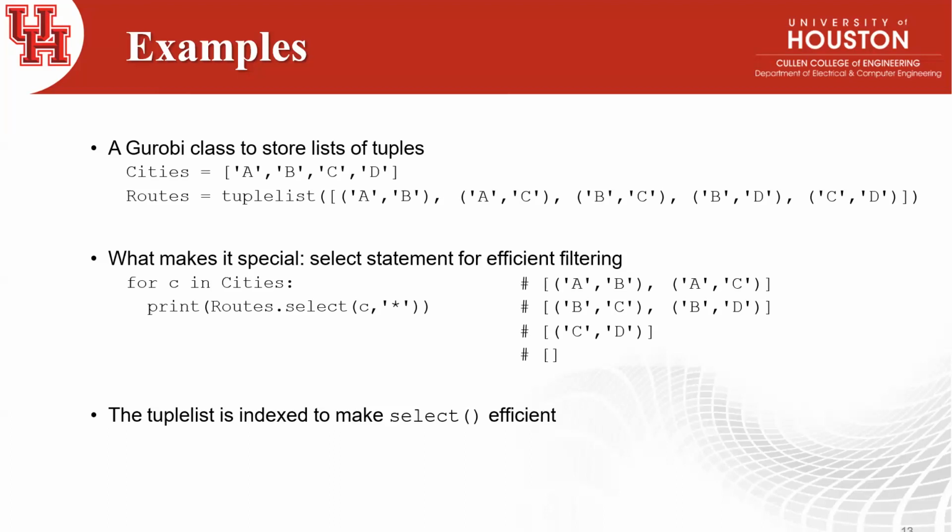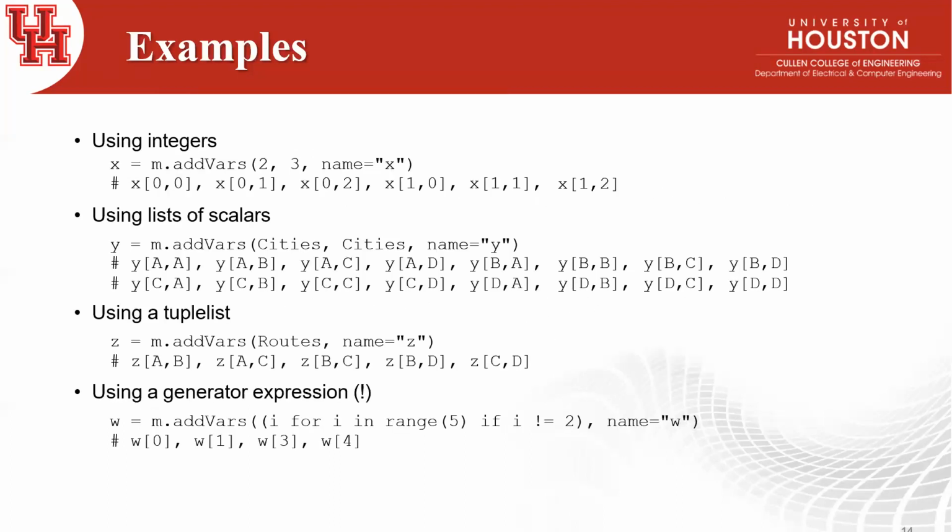We have a list of cities and we have a list of routes. With the list, we have 4 cities A, B, C, D, and between the cities we have routes. To establish a Gurobi model from the list, first of all, we can just use integers to addVars.